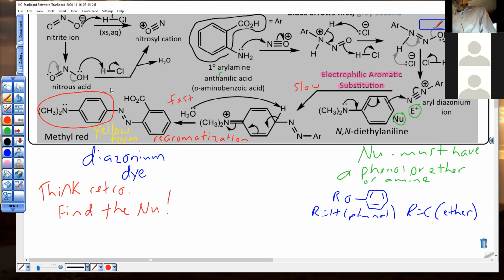Nu. And you'll see that's the exact molecule over here. And how do you know this wasn't the nucleophilic ring here? Is there a lone pair on this carbon? Heck no. If you don't have a lone pair, if it's not a phenol or an amine or an ether there, then that's not the part that was the nucleophile. It must be the other part. Okay, well, that helps.